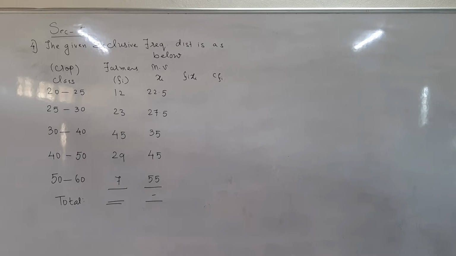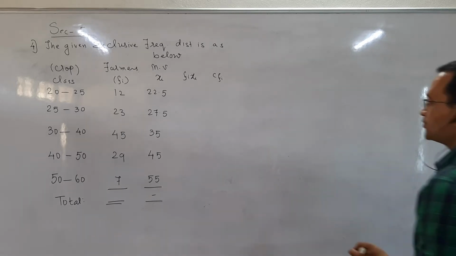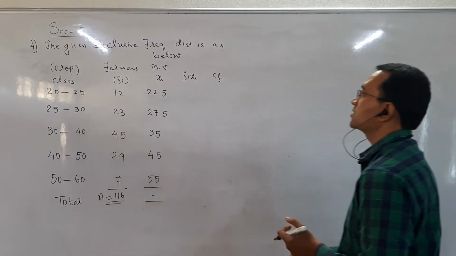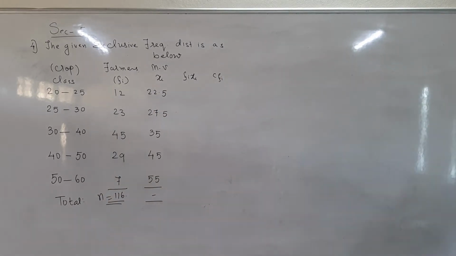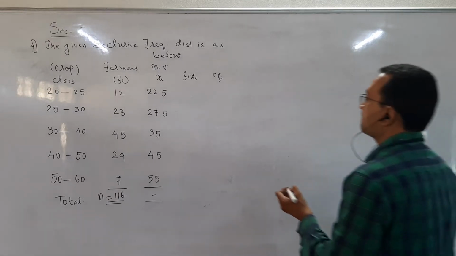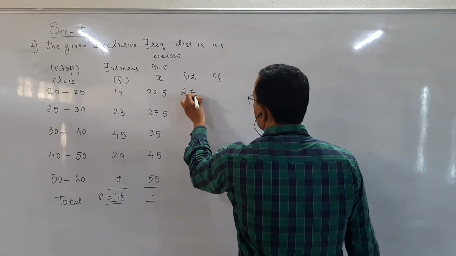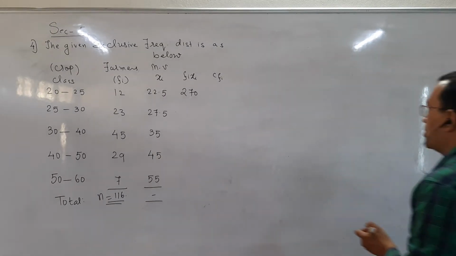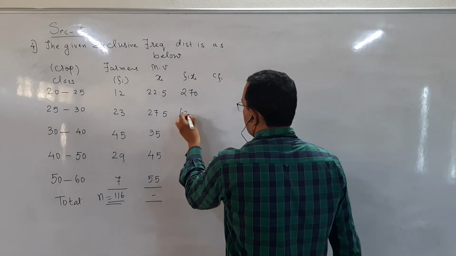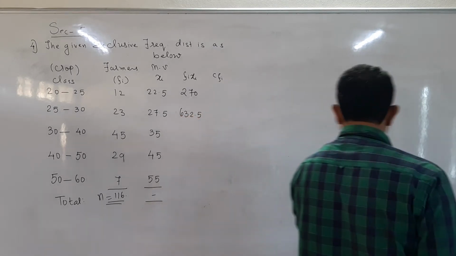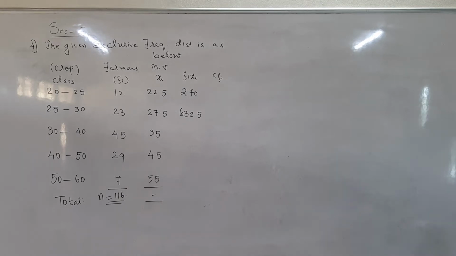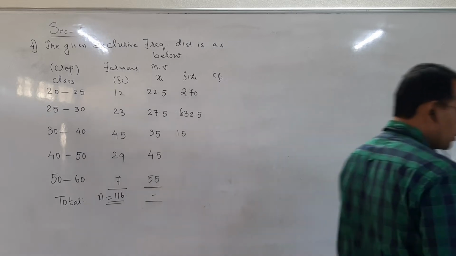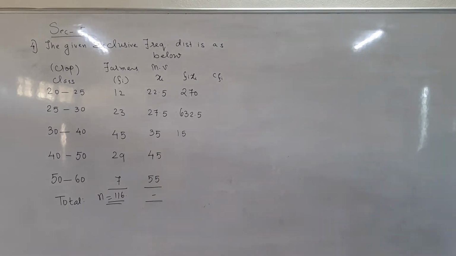Total of frequency is 116. N is, students, 116. Now 12 into 22.5 gives us 270. Then 23 into 27.5 will give us 632.5. Then 45 into 35 will be 1575.